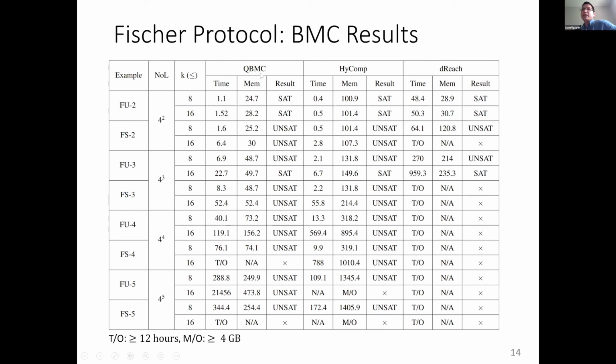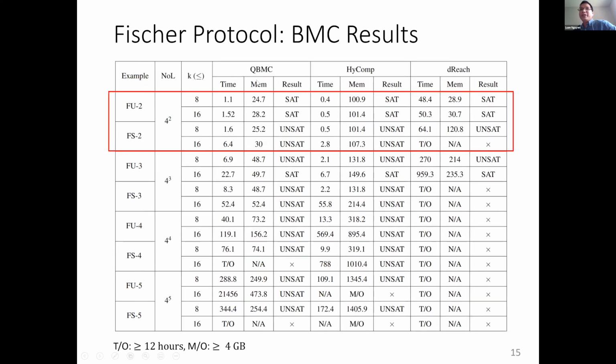Generally, all three tools return similar checking results. For example, for the small instance where the number of processes equals 2, for both the unsafe and safe versions, we quickly see that the results are similar right here.